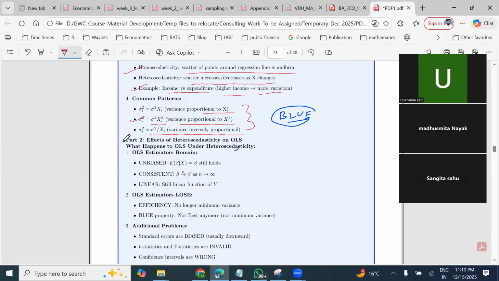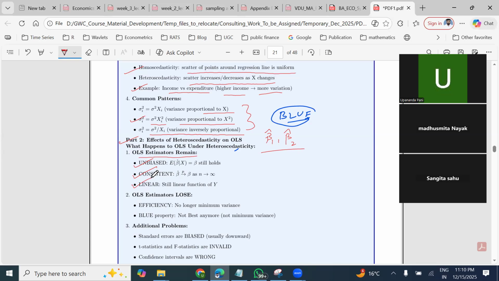Okay, now the question is, what will be the effect of heteroscedasticity on the WLS estimator, that is beta 1 hat and beta 2 hat, which you had derived. So the WLS estimator remains unbiased, consistent and linear.